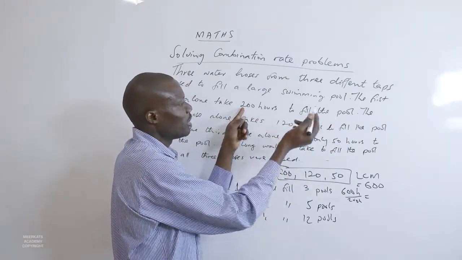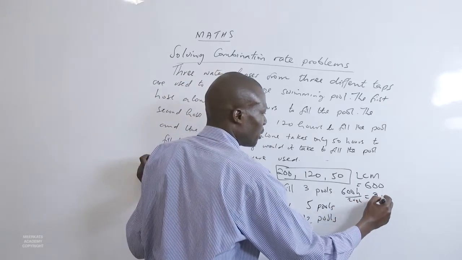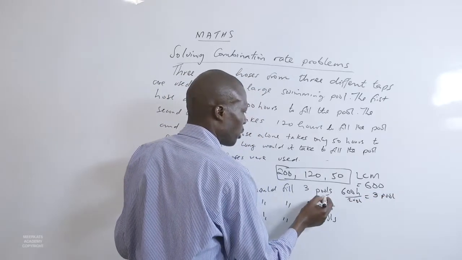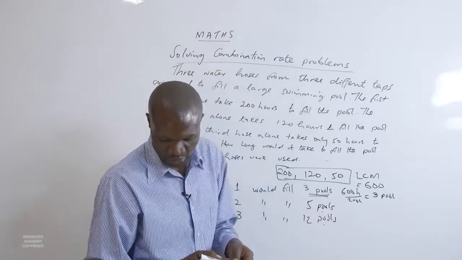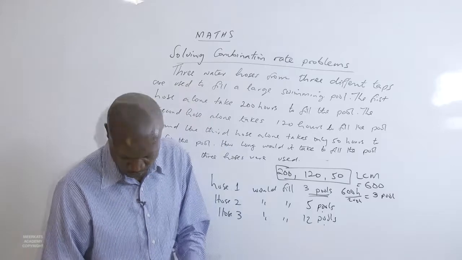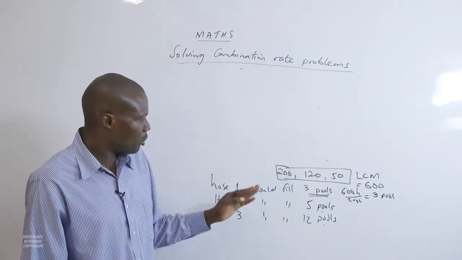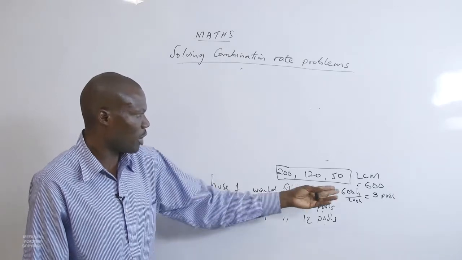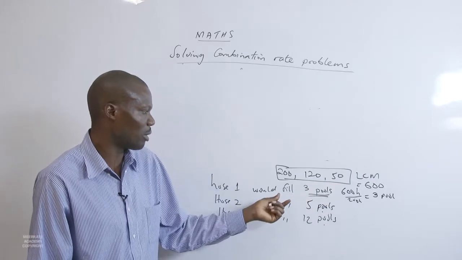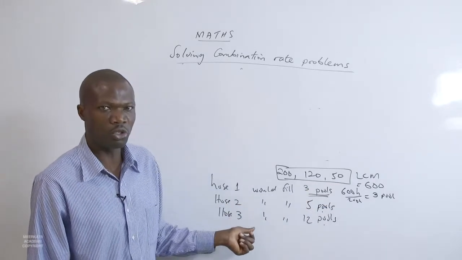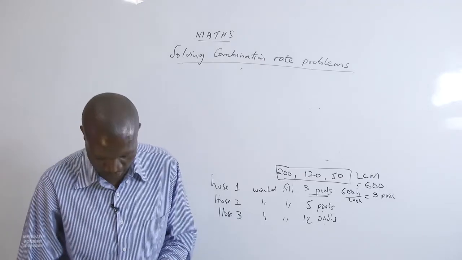If it is 600, there will be 3 pools. That's why we are getting the 3 pools here. Same applies to that one there. Now, this is what we have from our least common multiple of 600. We've been able to know what every horse would do in terms of the number of pools it is capable of filling.